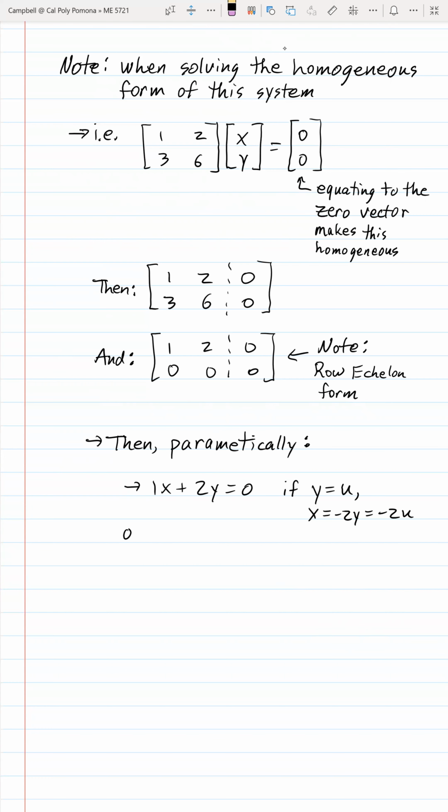And then reframing this for our solution space, (x, y) is equal to (negative 2, 1) scaled by u. So this is our solution space, or can be used to represent our solution space.